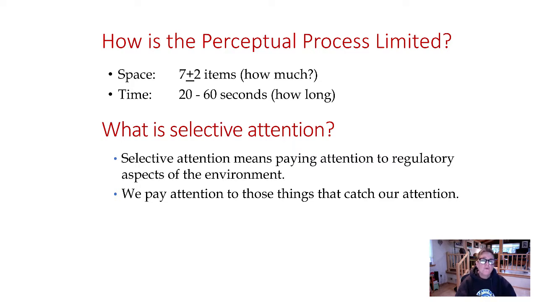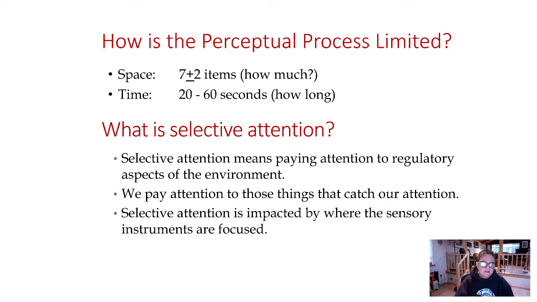In fact, we pay attention to those things that seem to catch our attention. Selective attention is also impacted by where our sensory instruments are focused. In other words, where we are orienting our eyes or our ears could affect whether or not we selectively attend to information, because we just might not take it in.